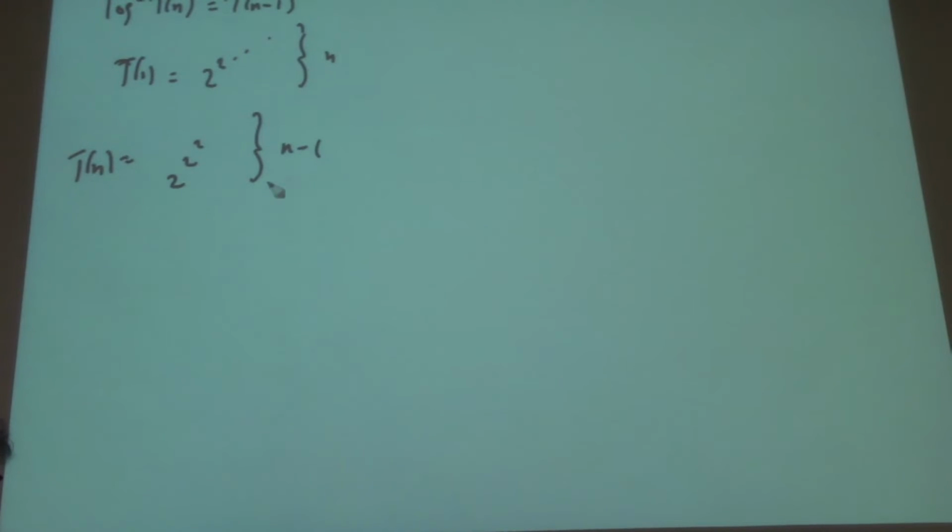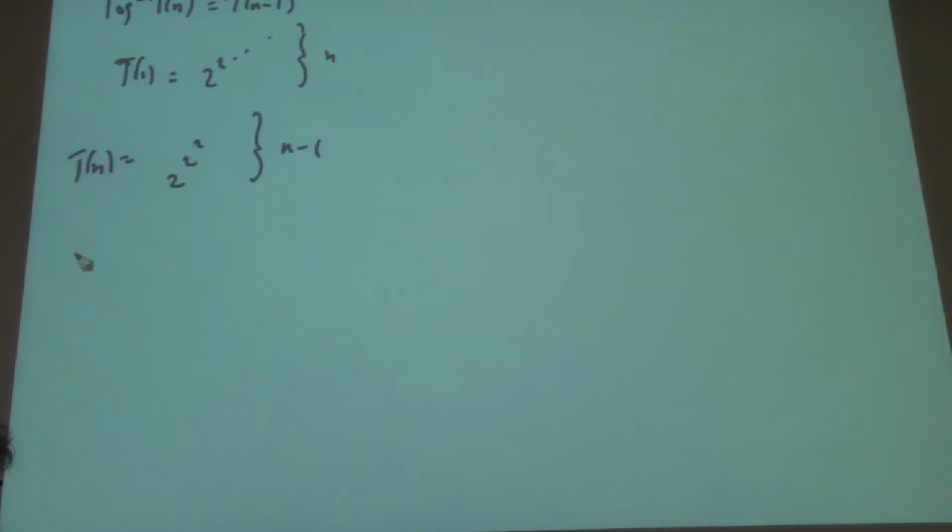So we know, okay, so what happens if we put a tower of 2's into this expression here? So let's say we in fact claim that t of n is equal to 2 to the 2 up to n. Okay? So then what is t of n minus 1? t of n minus 1 is equal to 2 to the 2 to the 2 up to n minus 1.